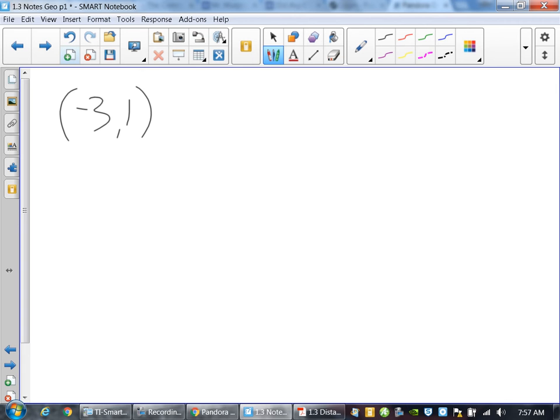-3, 1, and the other one was what, 2 and 6? Thank you. So what we're doing here is finding that horizontal change in x values. Remember how we did that the other day? We took the second x value, subtracted the first. We do the same thing. So we take the second x value, subtract the first x value, and then according to the Pythagorean theorem, what would we do to it?